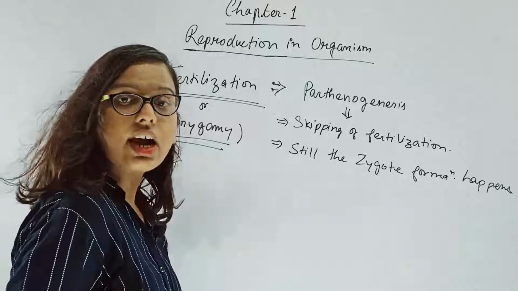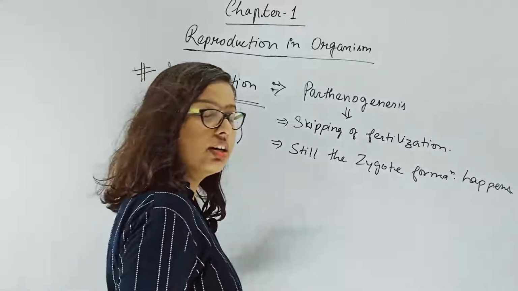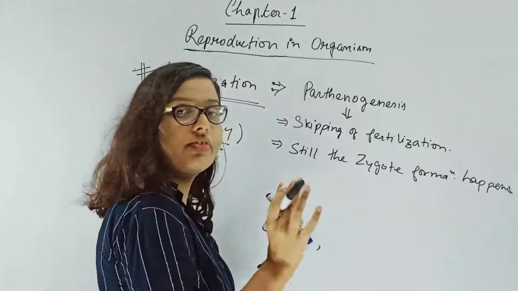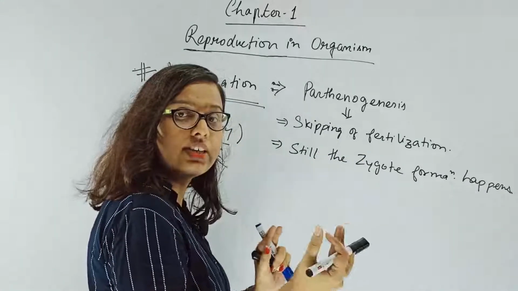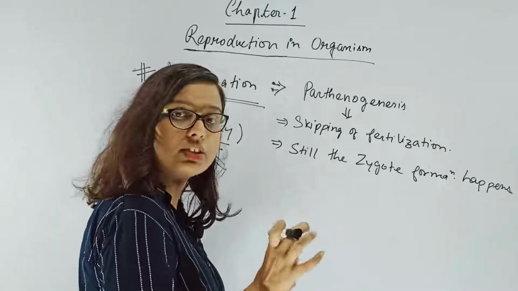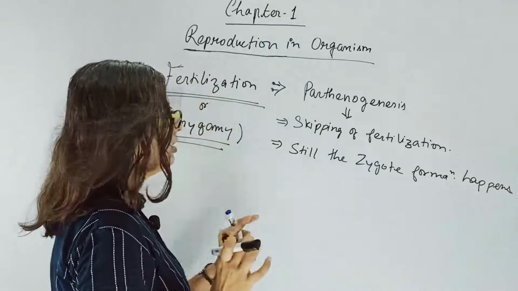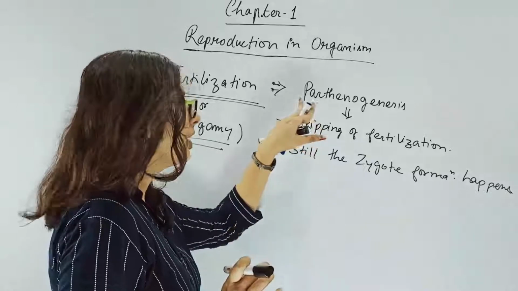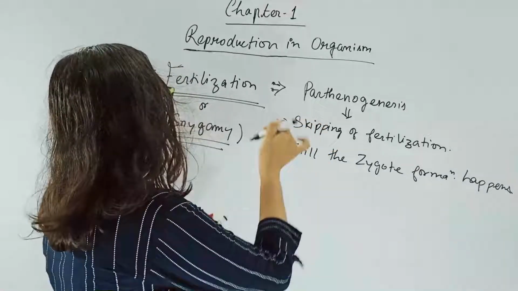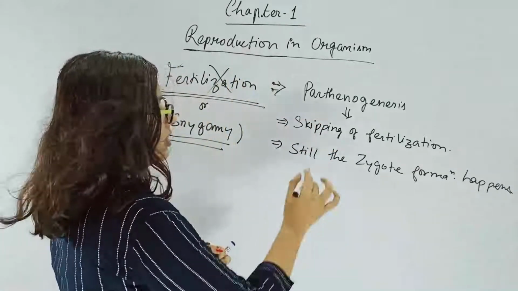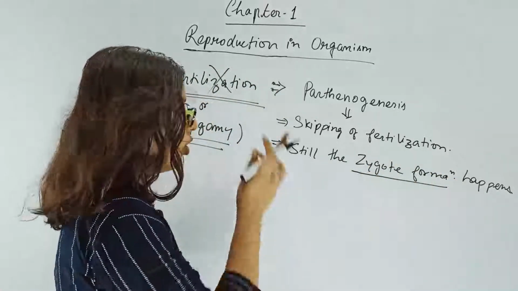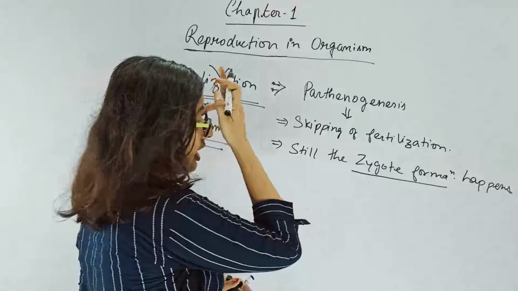A little earlier, I told you that fertilization helps in the formation of zygote. There are two types of gametes, they fuse, the fertilization happens, and then zygote formation occurs. But in a special case which is termed as parthenogenesis, there is no fertilization, still there is zygote formation.